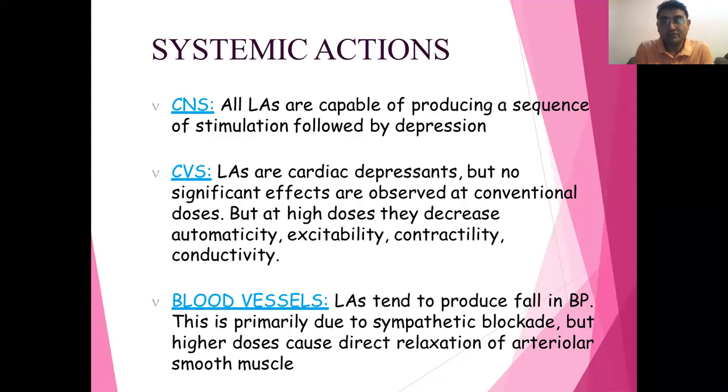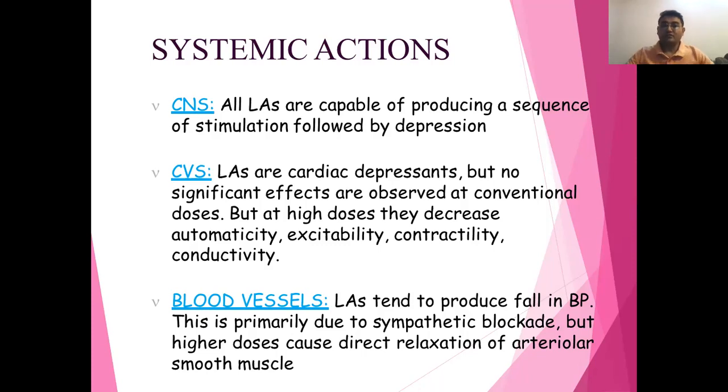But in the cardiovascular system, local anesthetics are cardiac depressants, but no significant effects are observed at conventional doses. But at high doses, they decrease automaticity, excitability, contractility, and conductivity.